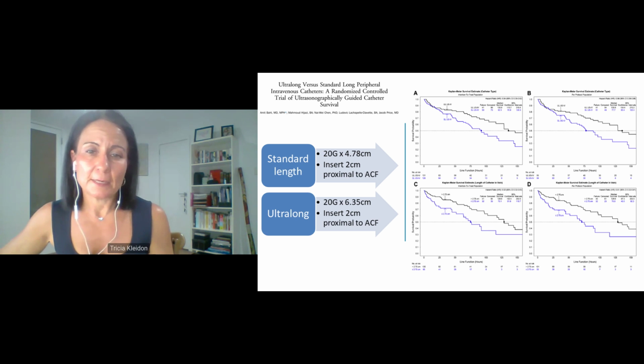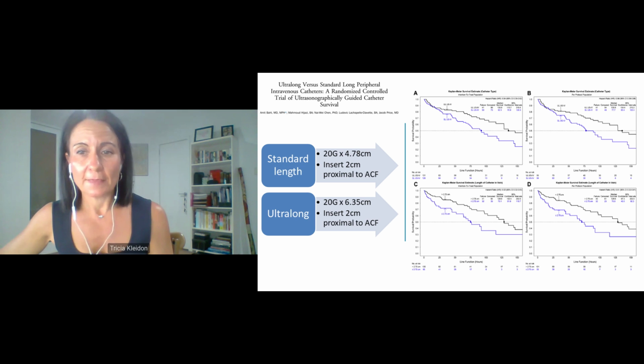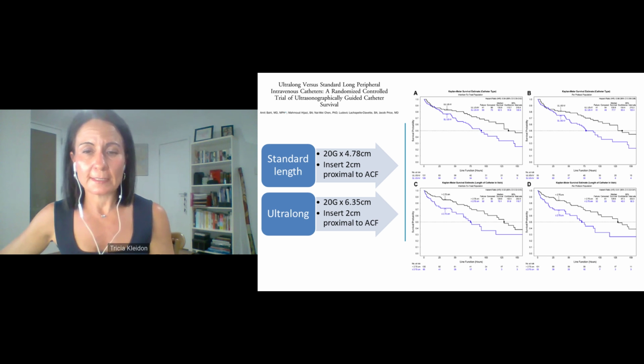And in addition, the multivariable Cox regression showed that the risk of failure in the long PIVC group was approximately 50% lower than in the standard group. So whether or not it's statistically significant, it's certainly clinically significant.